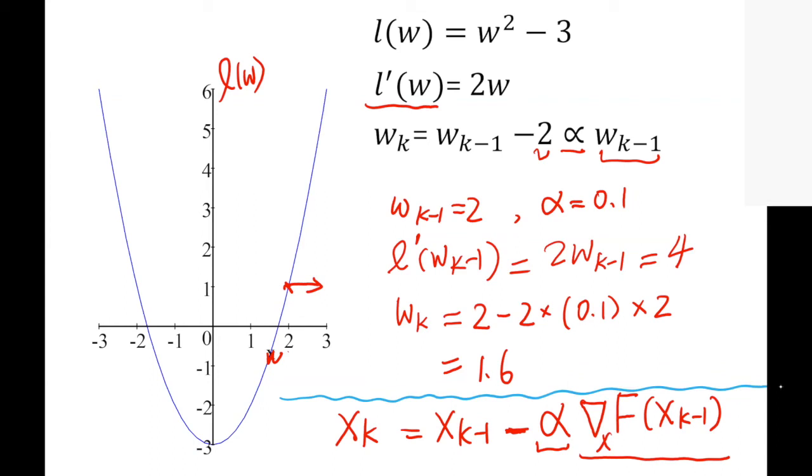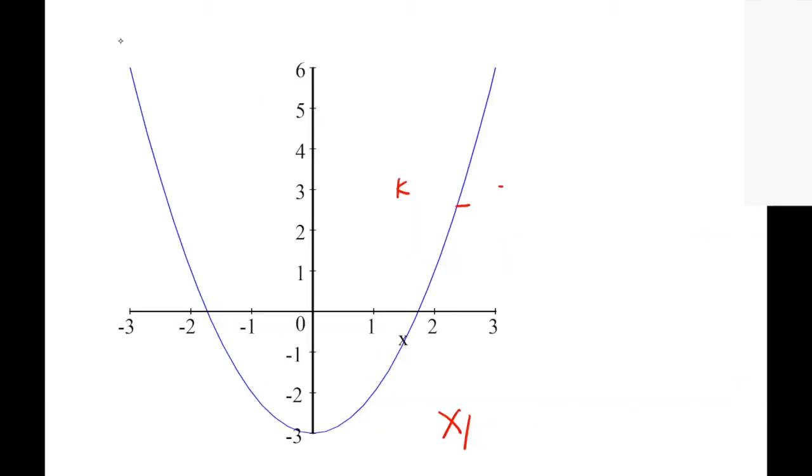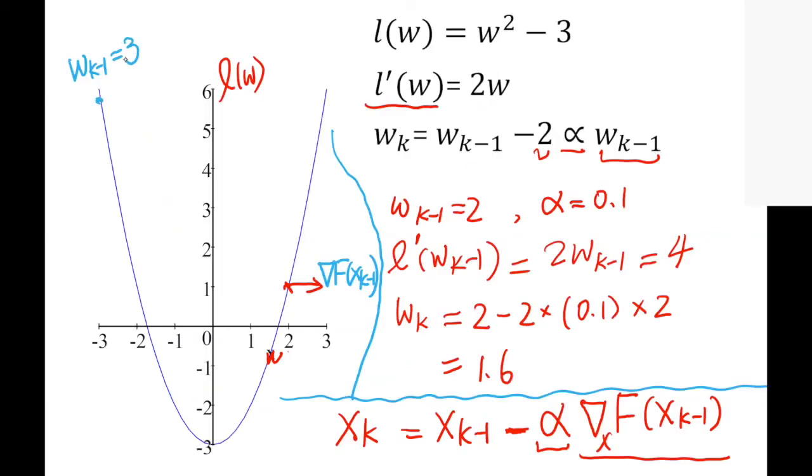Okay, no questions. So again, the gradient is the direction. Let's go to the left side. If my w_{k-1} equals minus 3, what is the gradient at this point?